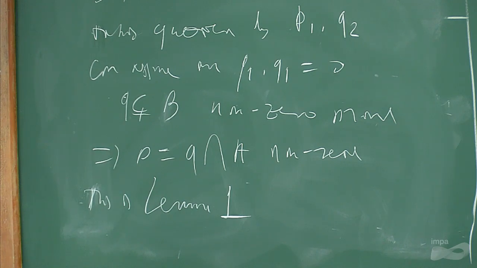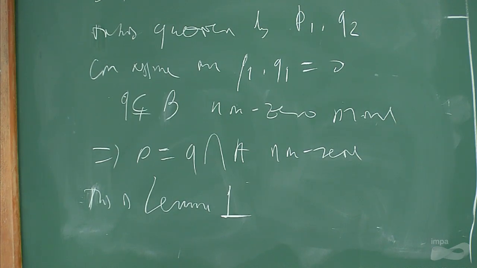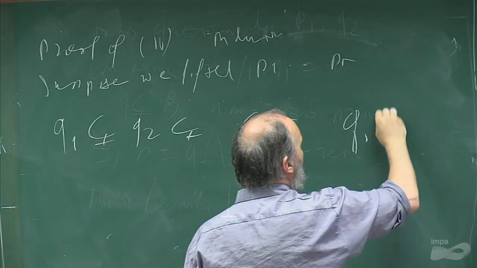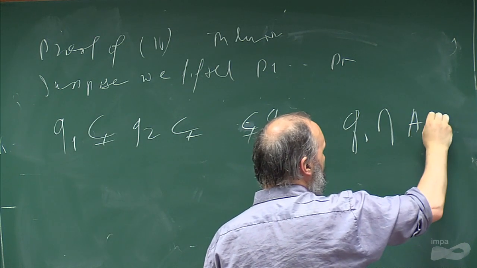Suppose we lifted P1 up to Pr. So you have Q1 contained in Q2 and so on up to Qr, and then Qi intersected with A is Pi.